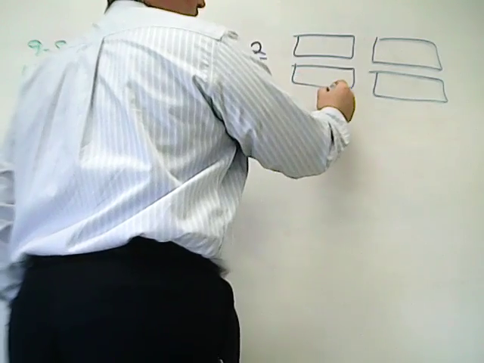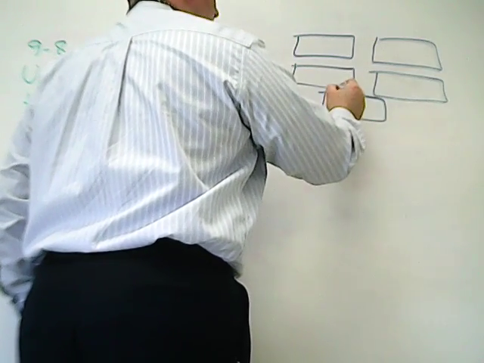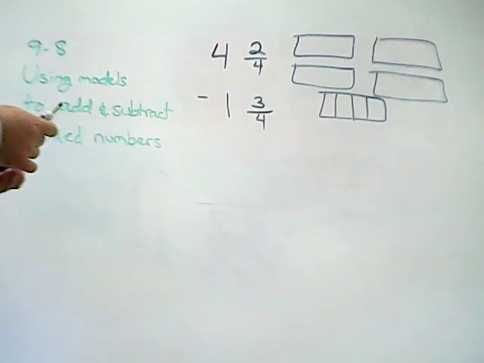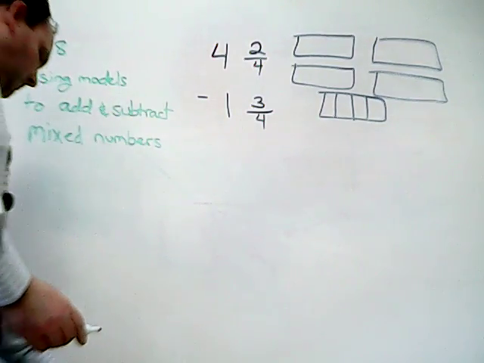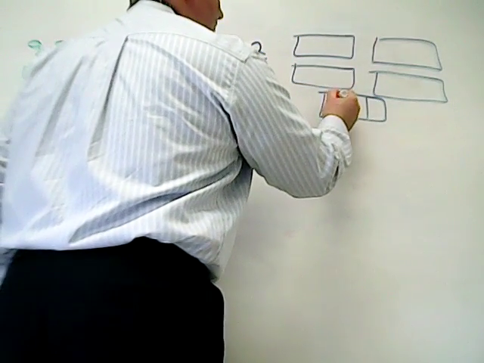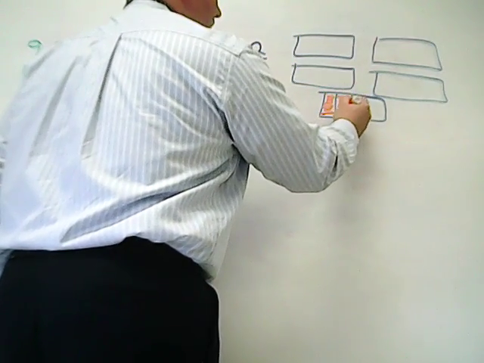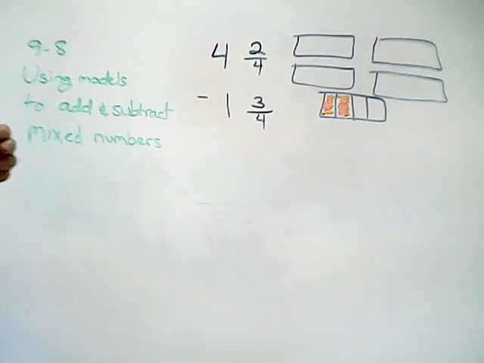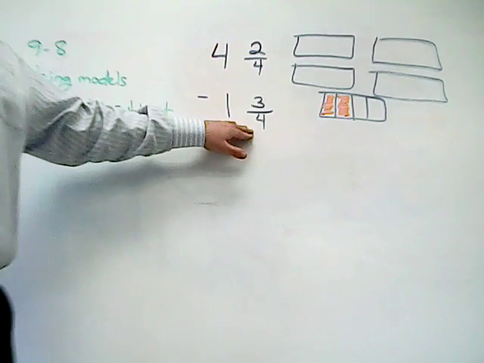And then I'm going to represent 2/4 with that last model. So we'll shade in 2 for 2/4. Okay? From that, I need to take away 1 and 3/4.